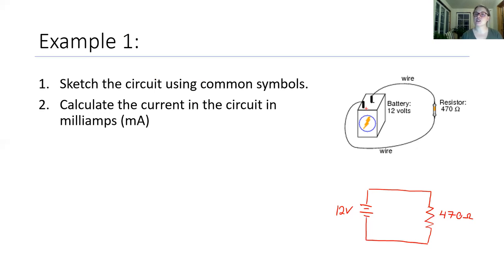Question 2 says, calculate the current in the circuit in milliamps. So for calculating current, we have a voltage and we have a resistance. What is the current?